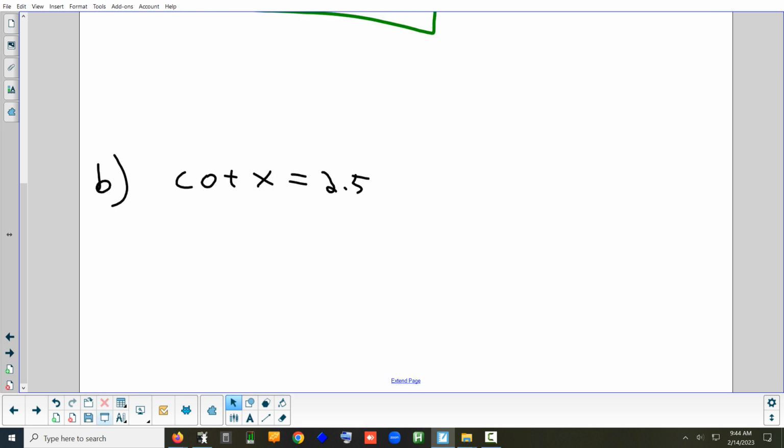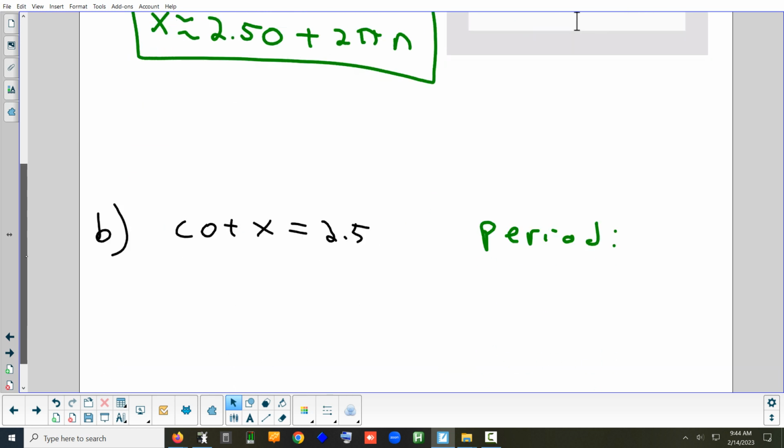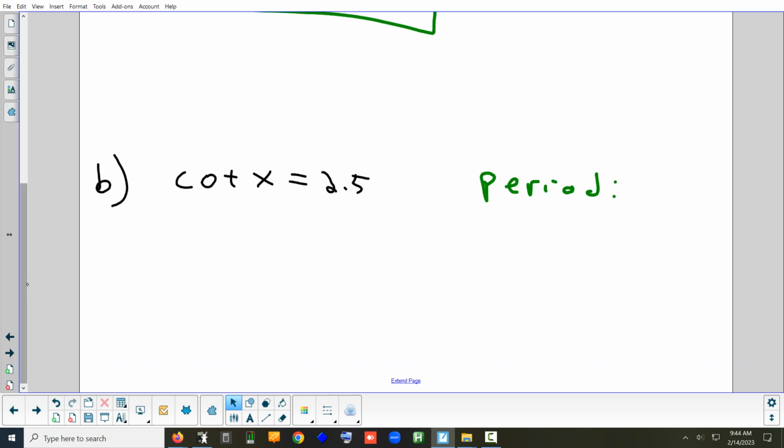Right, let's try a cotangent. Before we type it in, let's just see if we can figure out the period. For sine, cosine, secant, and cosecant, we use the formula 2 pi over b. We don't use that formula to figure out the period of tangent and cotangent. Does anybody remember what the formula is for the period of tangent and cotangent?